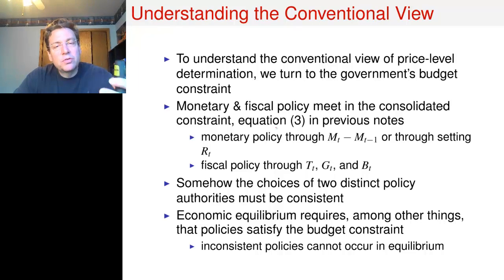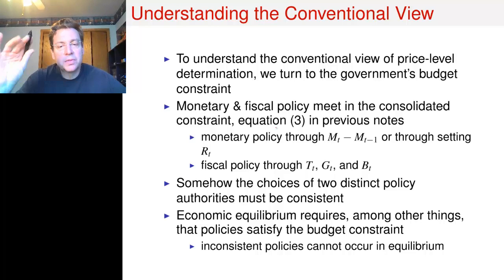And somehow the choices of these two distinct policy authorities, the central bank, which determines monetary policy, and the government, which determines fiscal policy, have to be consistent with each other. Because economic equilibrium requires, among other things, that these policies satisfy a government budget constraint. And inconsistent policies can't occur in equilibrium.